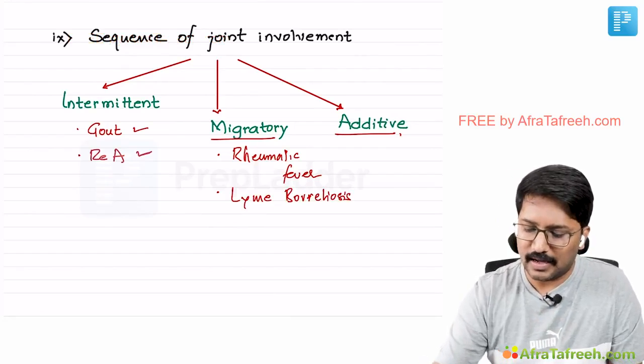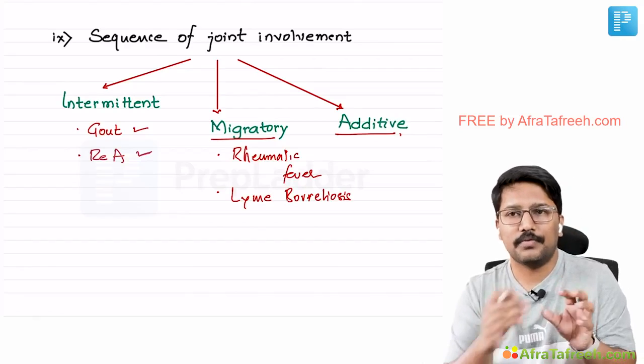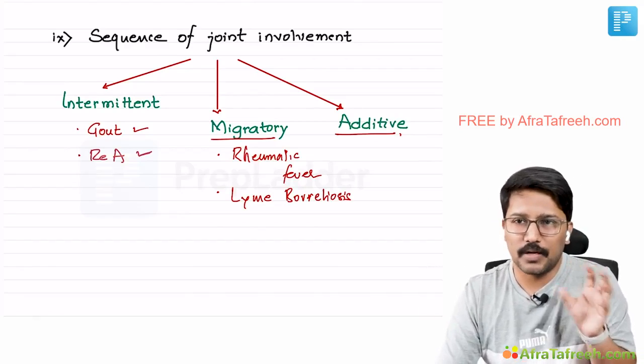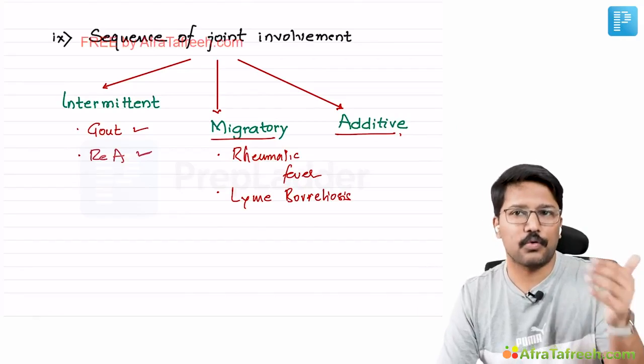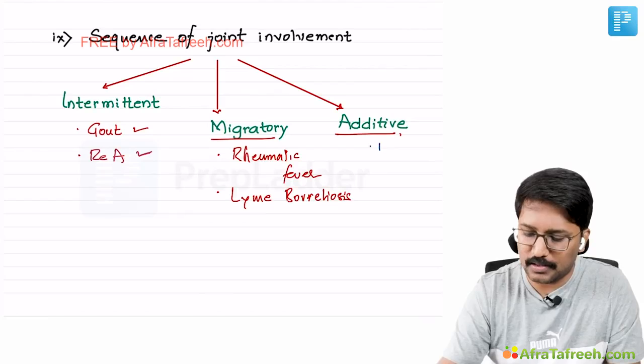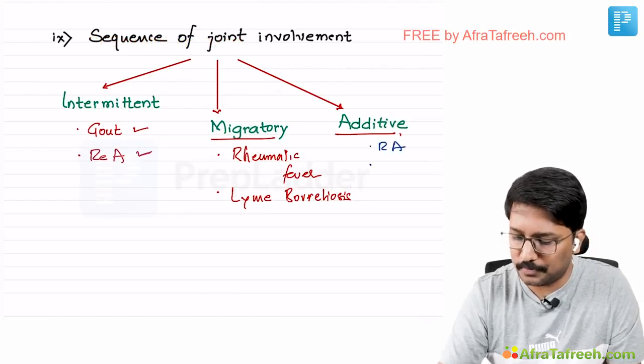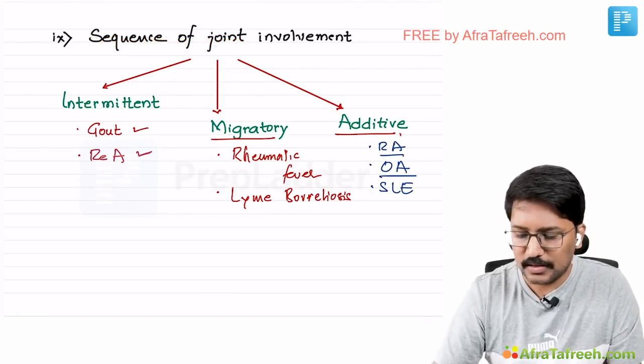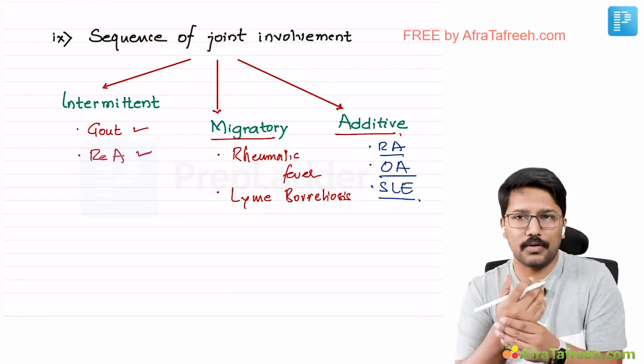Okay. Then when we say additive, that means you have sequential involvement of joints, but the previously affected joints are continuing to progress. They have not made recovery when the next joint gets affected, right? A classical example for that is rheumatoid arthritis or osteoarthritis or SLE related arthritis. In all these cases, there is one joint involved, right?